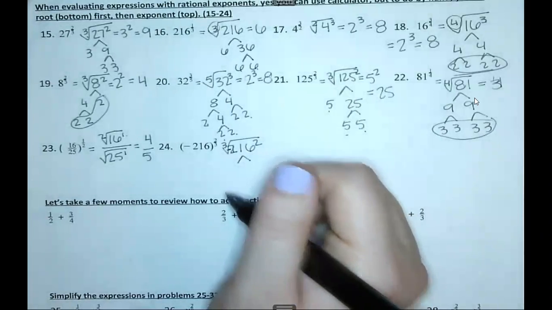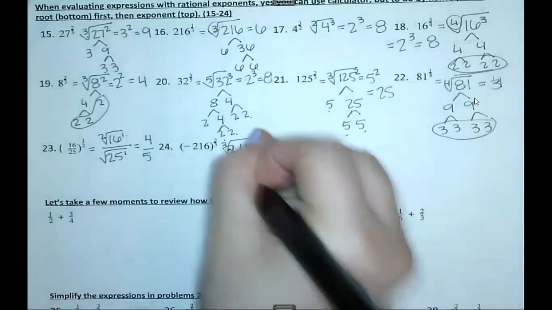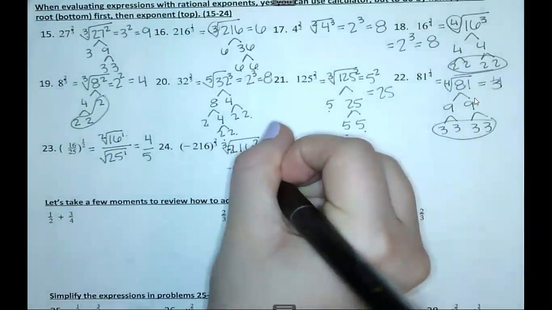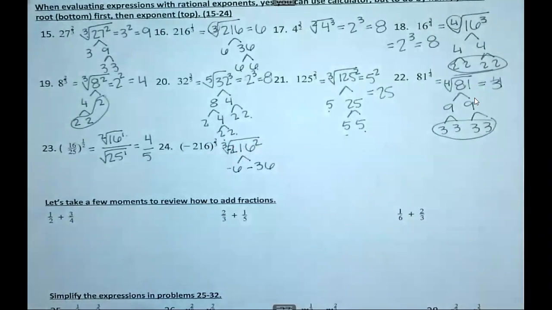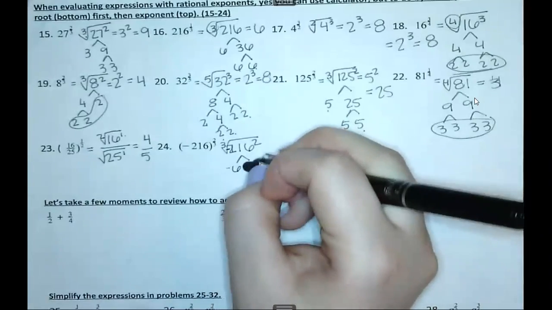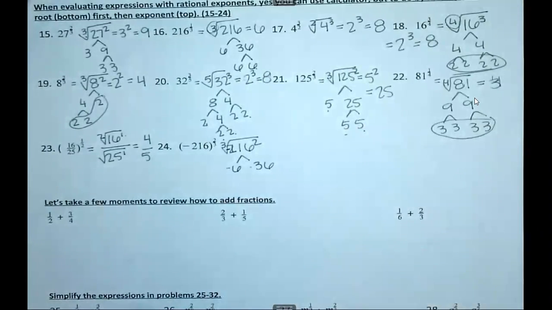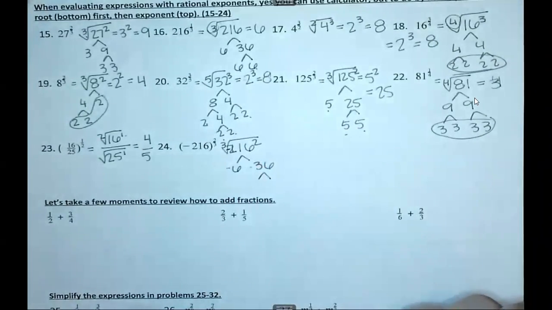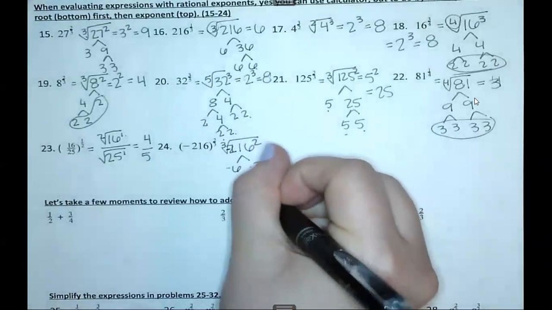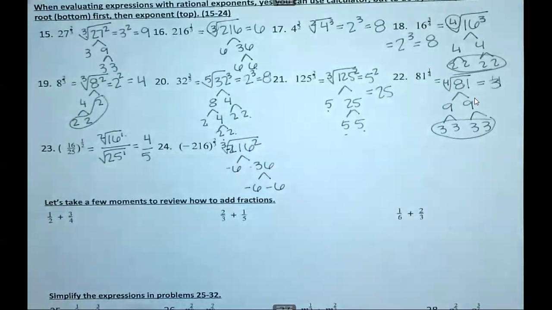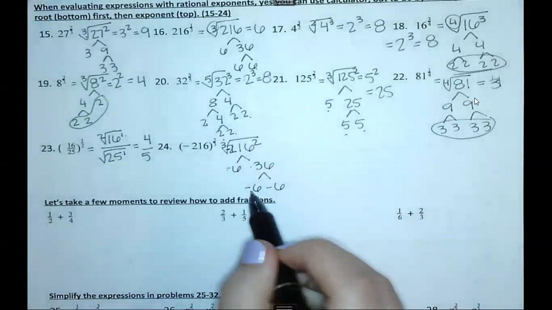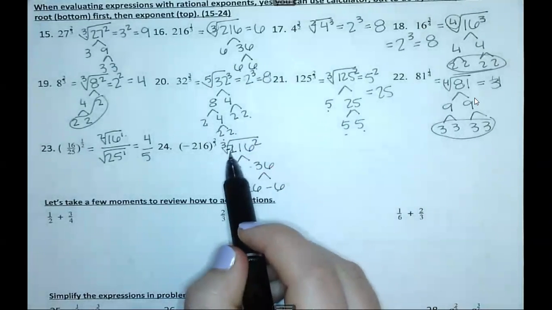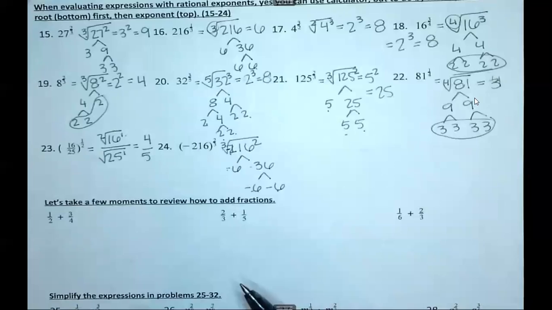So let's say that I choose negative 6 and positive 36, sorry. All right. And then for positive 36, we might choose negative 6 and negative 6. A negative times a negative times a negative would give me a negative under here, so that would work.